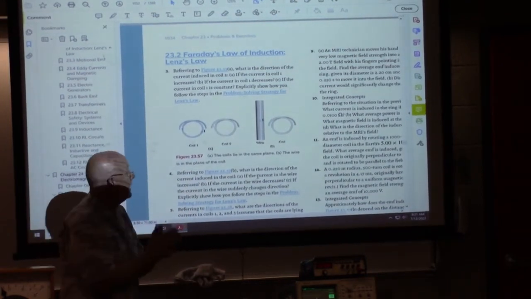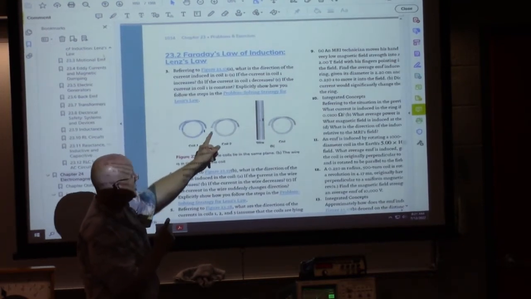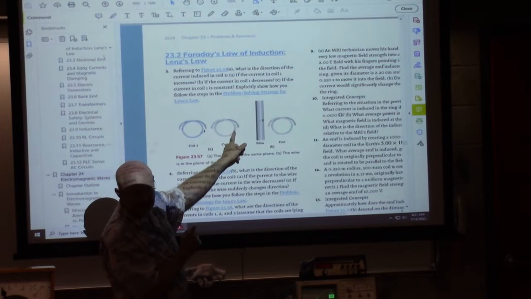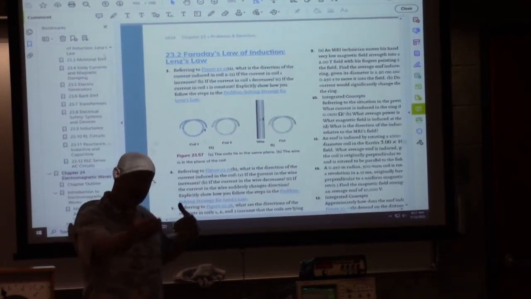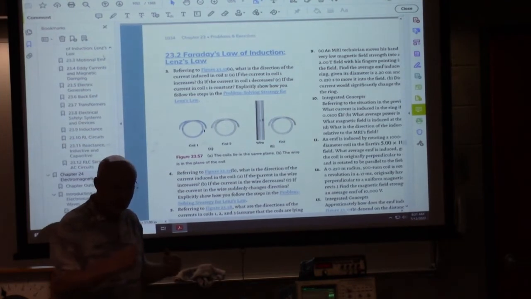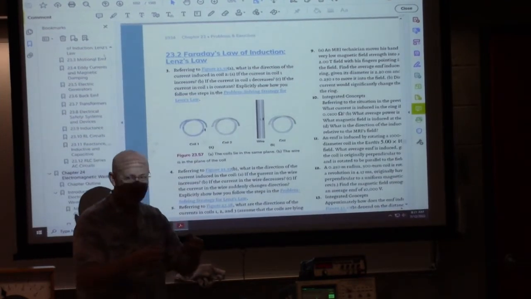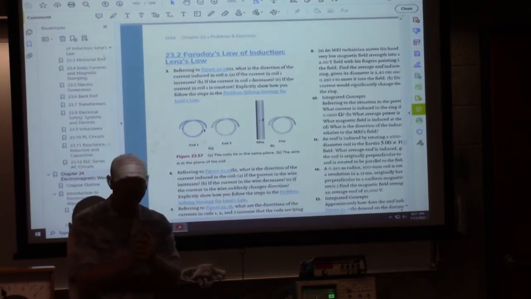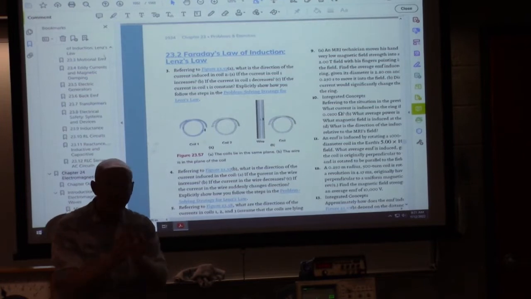But now you're decreasing the current here, and so that means you would have a decrease in flux here. So instead of being 10, it's going to maybe drop down to an 8. Well, to make up for that, because we want to stay at 10, that's what I want to emphasize. We want to get back to the original.